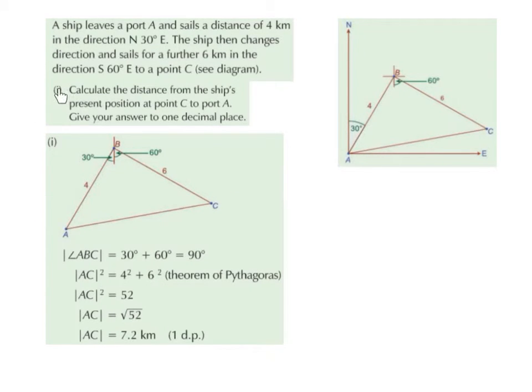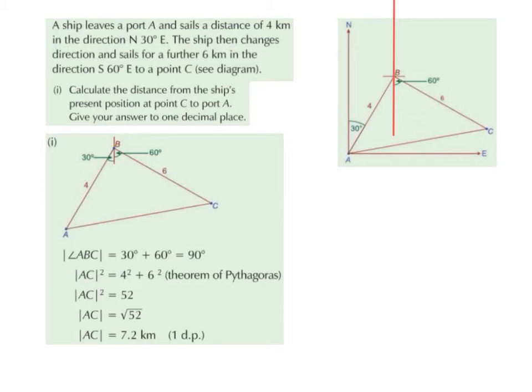Okay, so part 1, calculate the distance from the ship's present position at point C to port A. Give your answer to 1 decimal place. So this angle in here must be 30 degrees because we have our north line with a straight line down, and then we can also draw a north line straight down through point B, and we're actually forming parallel lines.